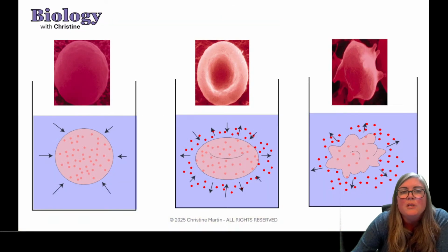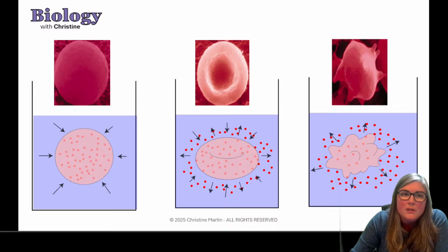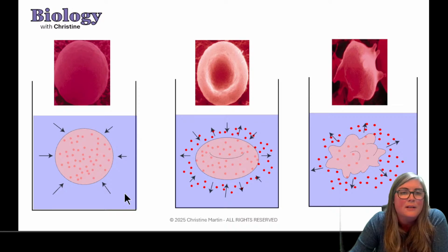Well, it's important that we note when we are looking at different solutions, we think about the types of cells that we have. So here I have 3 different red blood cell diagrams. And those red blood cells have been placed into different solutions. Those solutions have got a different concentration of solutes inside them.